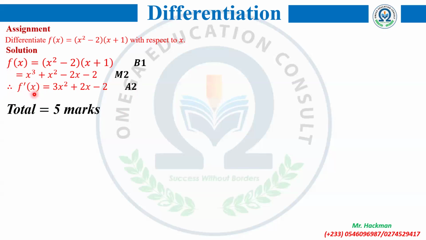And those of you who concluded by writing dy/dx, that will also be A0. The function was not y, it was f(x). So you don't conclude in dy/dx, which I have said on countless occasions. If the function was y, then your conclusion will be dy/dx. Any other, you will get what's wrong. So please take note, your total marks will be 5 marks.